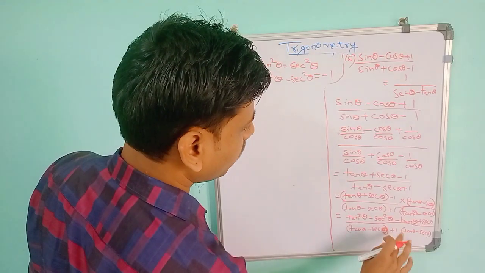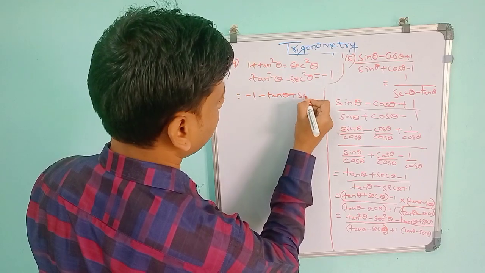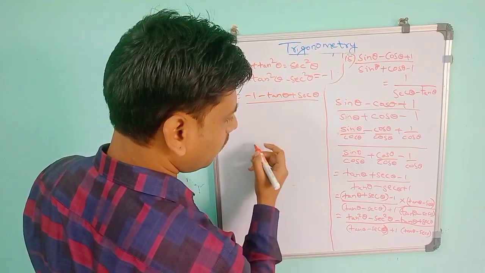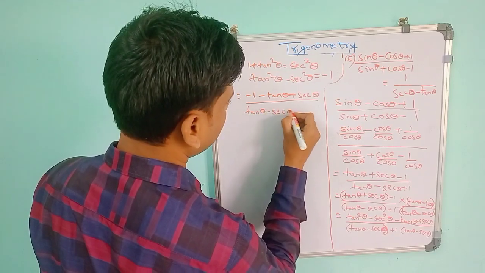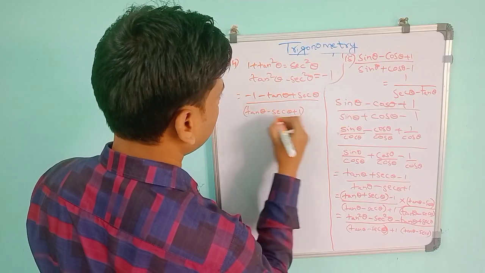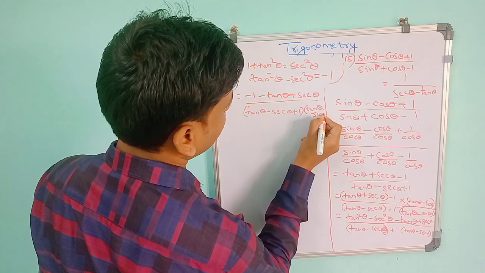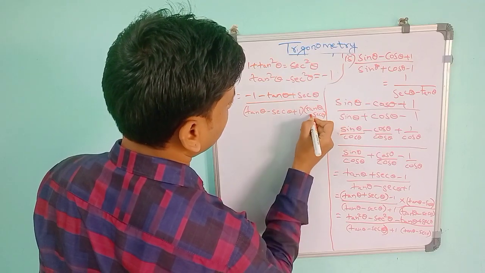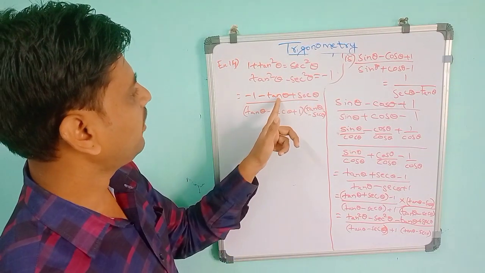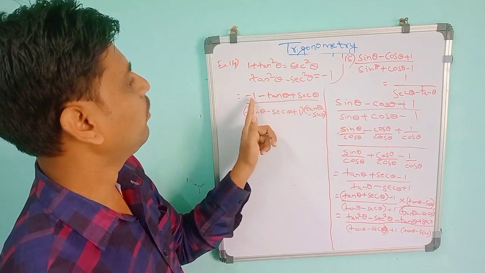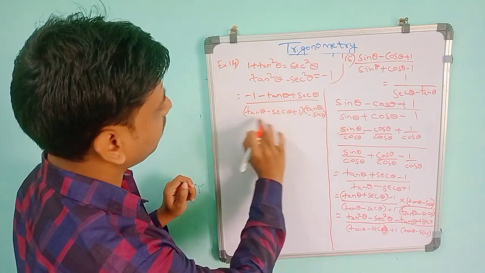Next one, remaining: minus tan theta plus sec theta, then tan theta minus sec theta plus 1 into tan theta minus sec theta. So if you see the numerator and denominator, it is tan theta, here also tan theta, sec theta, 1, but the only difference is this is in minus sign, this is plus sign.